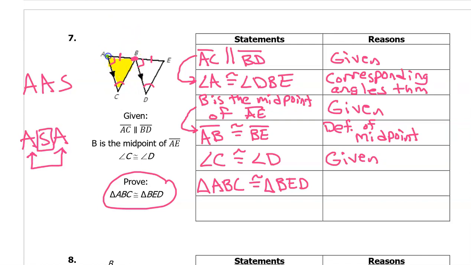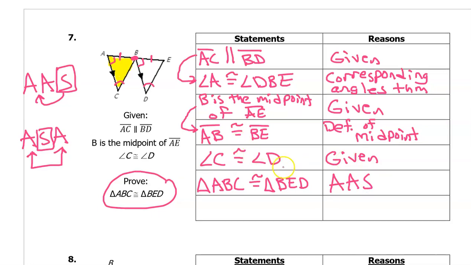Well, looking at the yellow triangle, these are the two marked angles. This is the side that's between them. The marked side is somewhere else. So because the side is not between the two angles, that makes this angle, angle, side. So that's it for number 7.